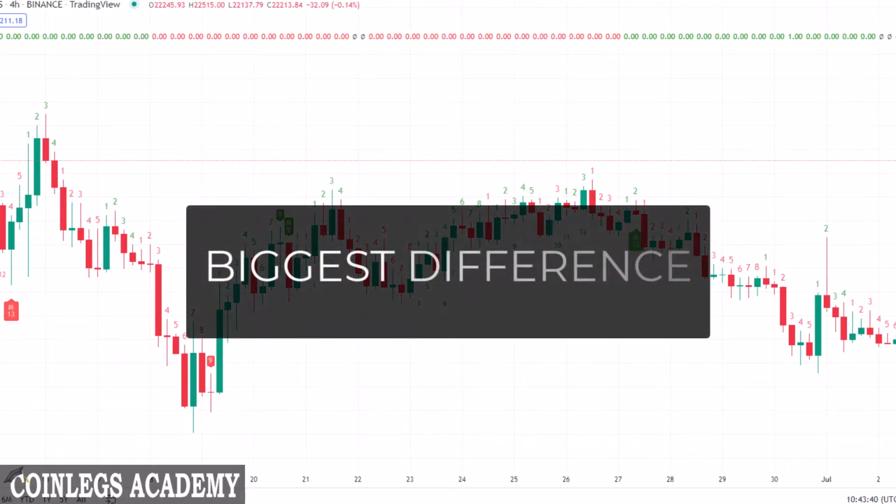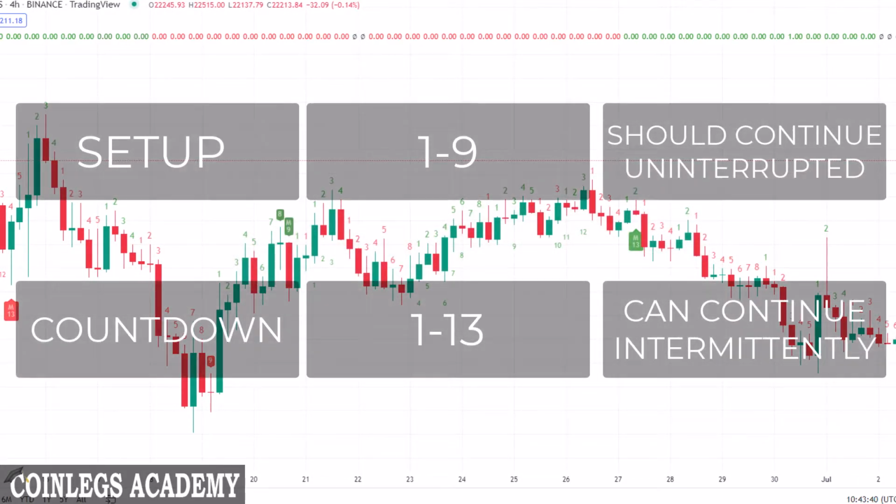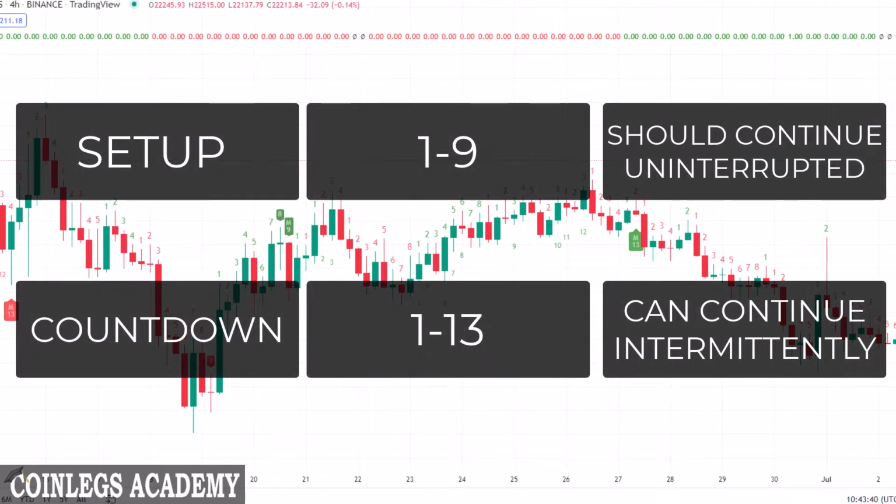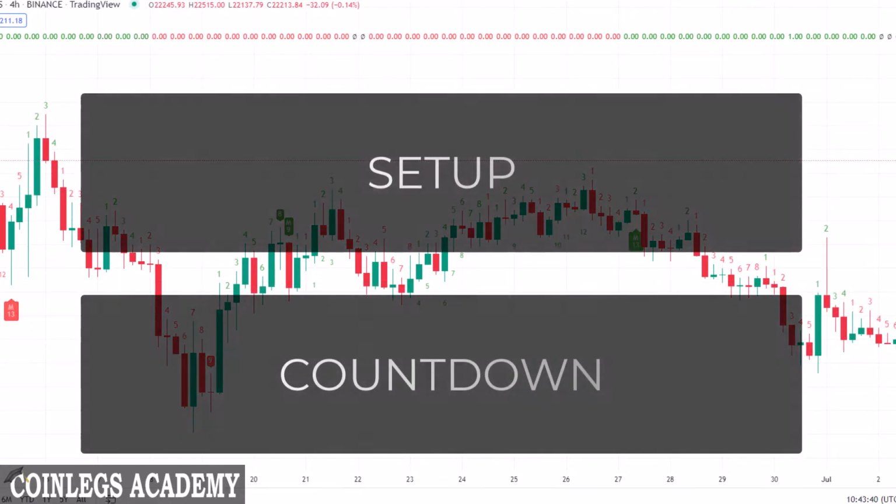The biggest difference between the counts in the setup and countdown part is that while the setup part should continue uninterrupted from 1 to 9, the count that starts after the setup can continue from 1 to 13 intermittently. Now let's look at all the differences between the TD Sequential setup part and countdown part.